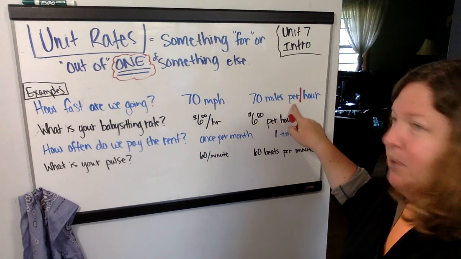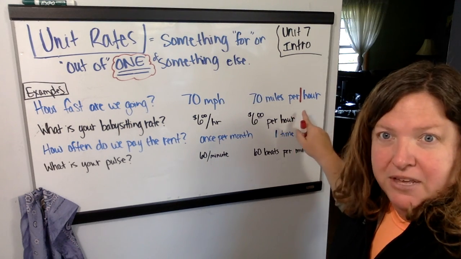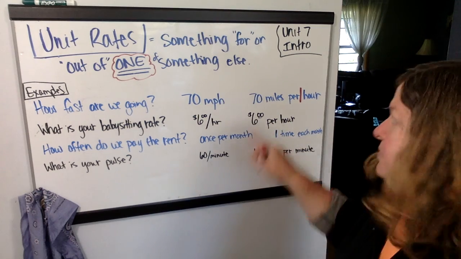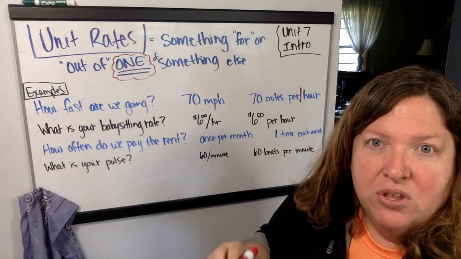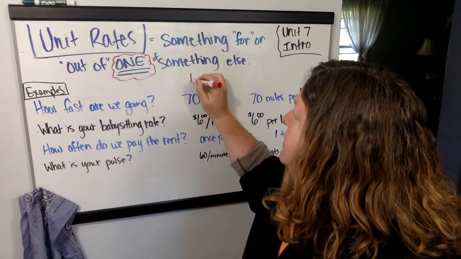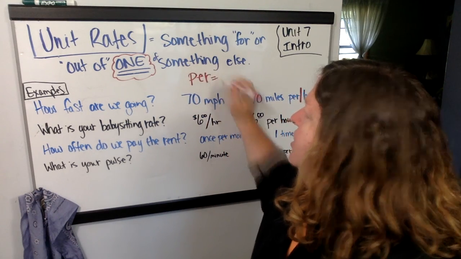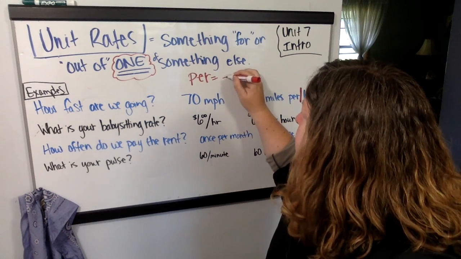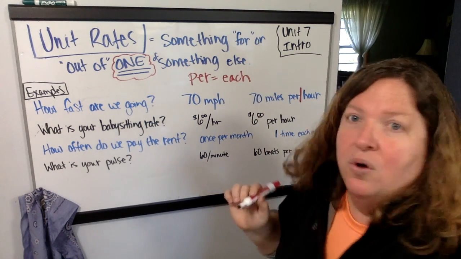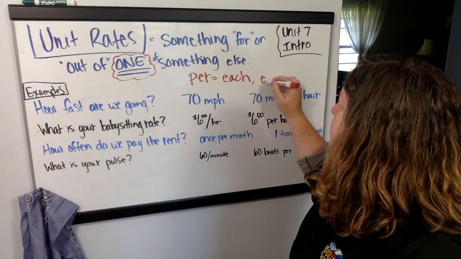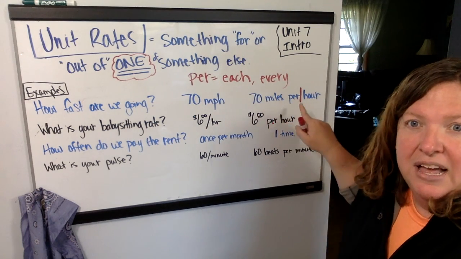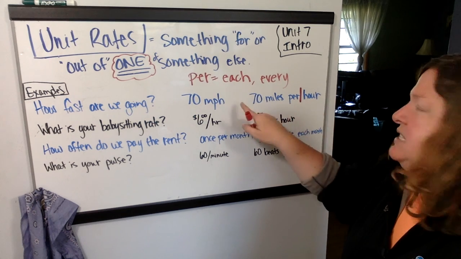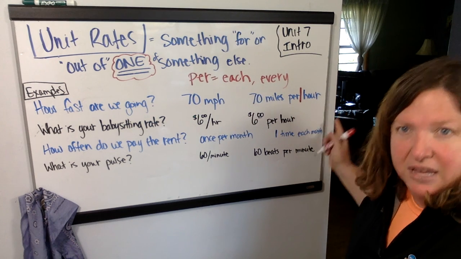When you hear the word per, something like per hour, there's an invisible one. It's 70 miles per 1 hour. So remember, the other words we remembered were that per also means each or every. So we're going 70 miles each hour, 70 miles every hour.